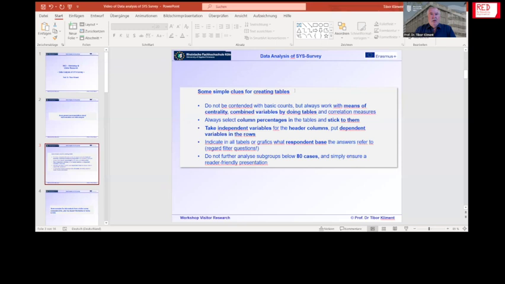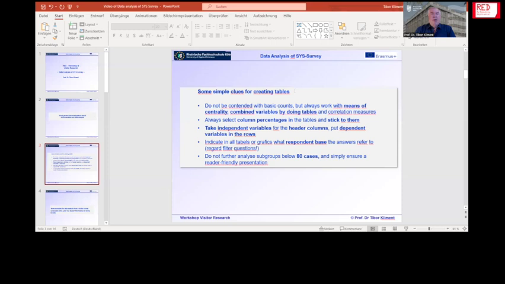It is always very recommendable to work with different statistical tools, like, for instance, simple measures of centrality, like the arithmetic mean, or develop tables by combining two variables with one another.